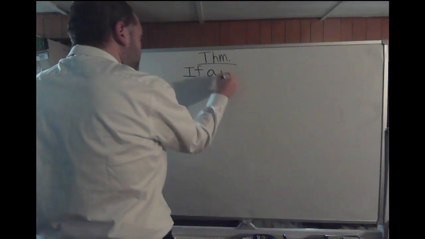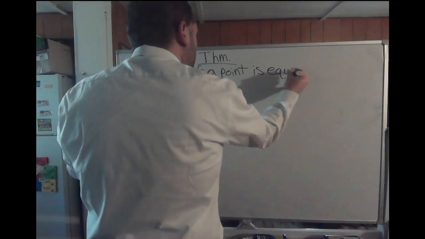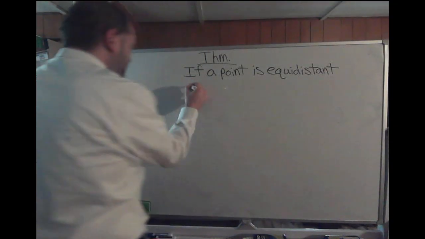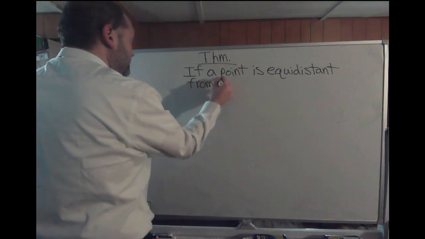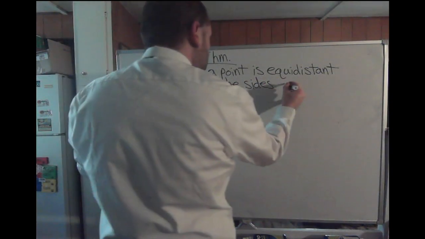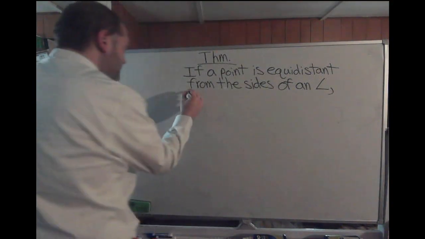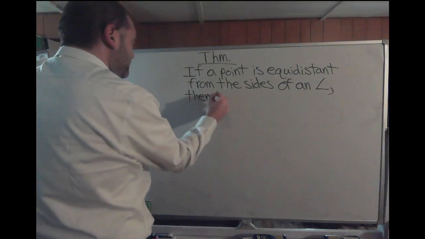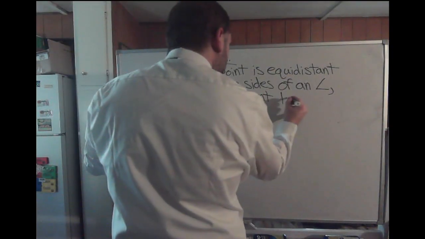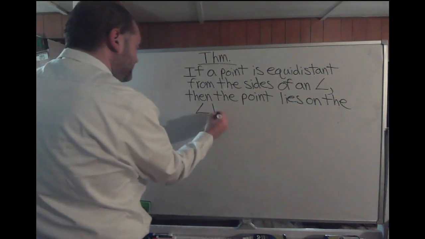If a point is equidistant from the sides of an angle, then the point lies on the angle bisector.